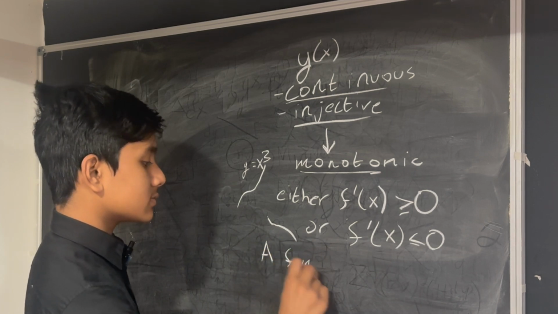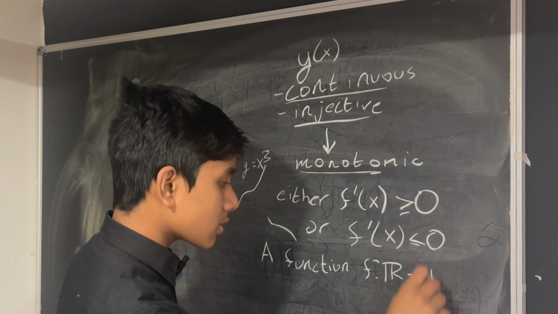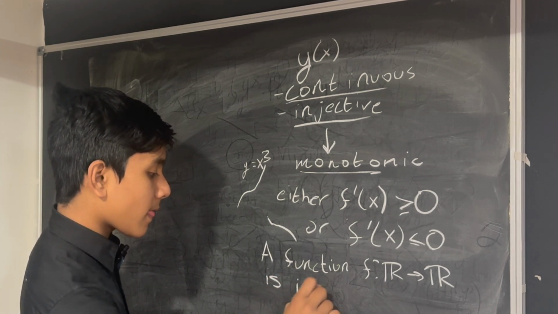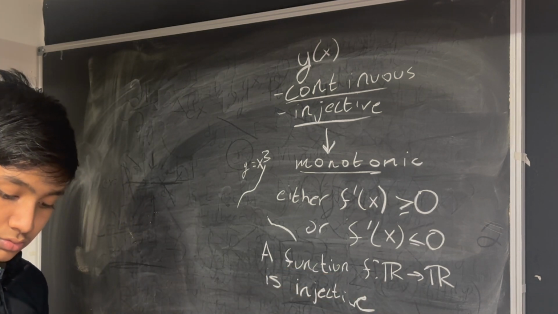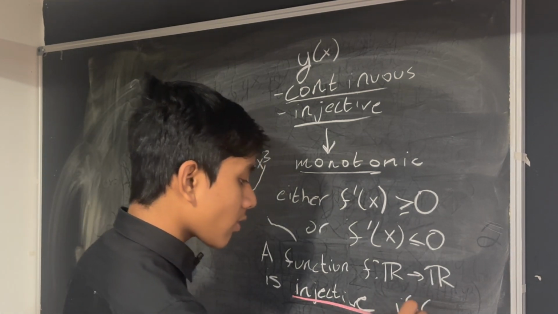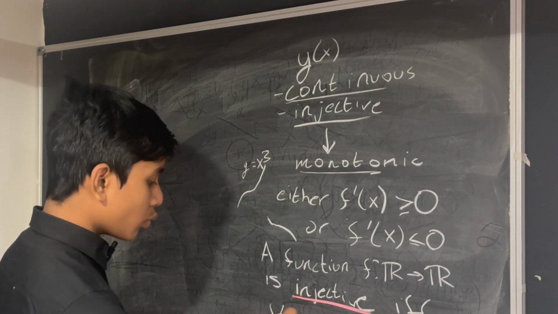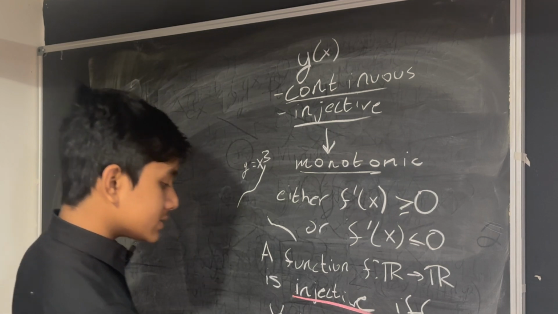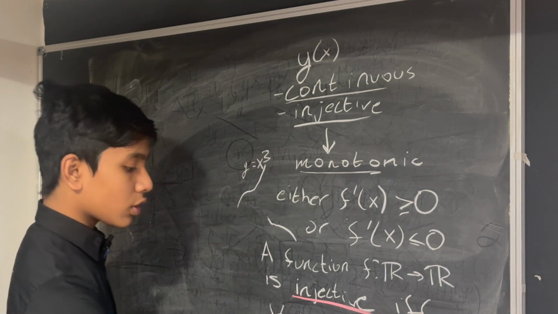A function f from domain R to codomain R is injective if and only if for all b inside the range of f, or for all b inside f's output, f of r.